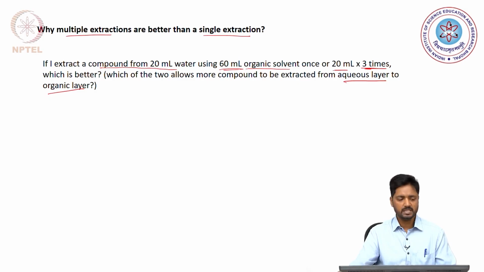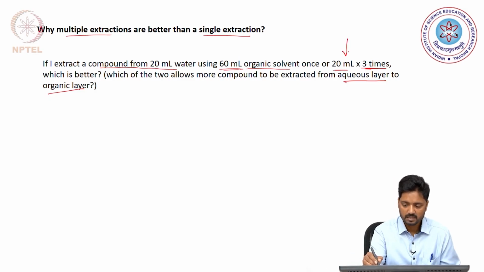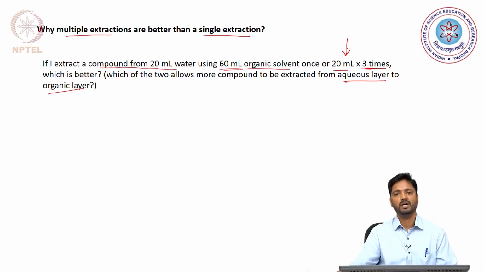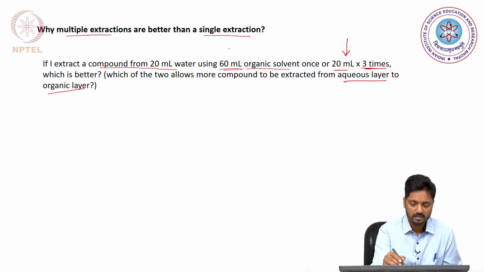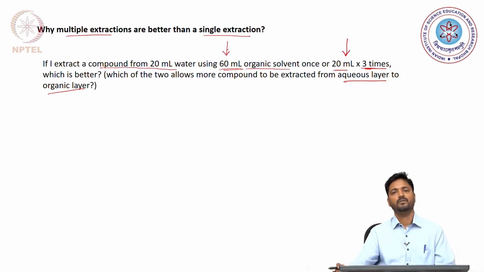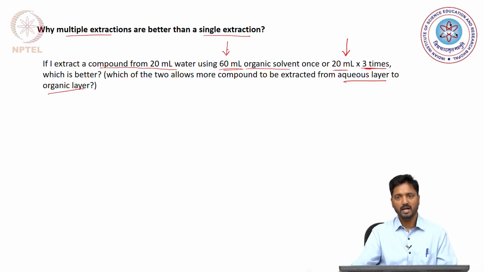So, what is well known is that the second condition where we are undertaking extractions multiple times is much more efficient than the first condition where the extraction is happening only once, even though the total volume of the solvent that we have employed is the same in both the cases.